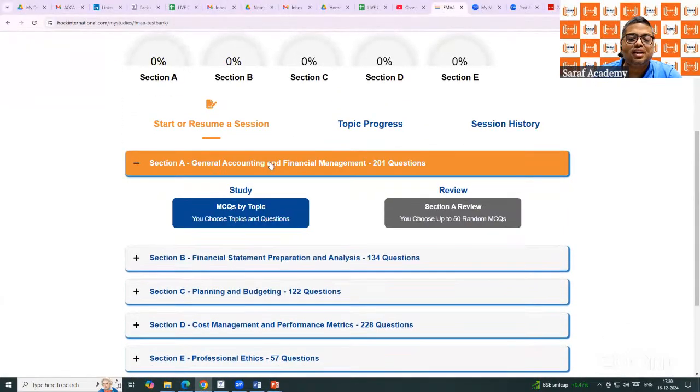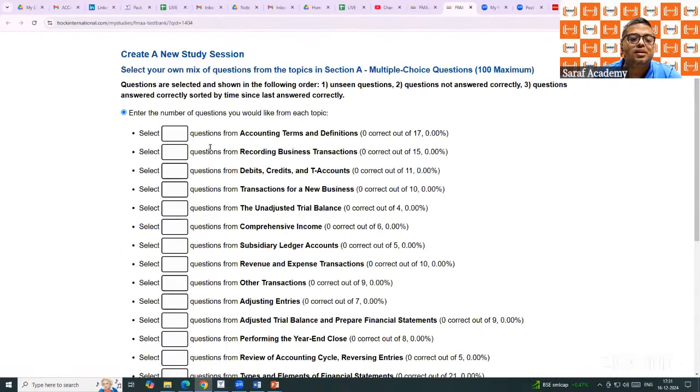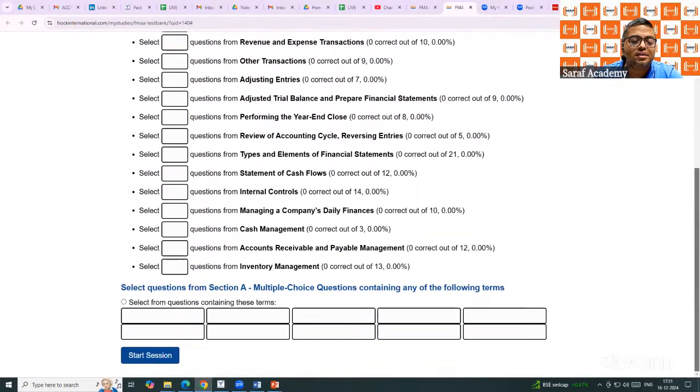Section A, General Accounting. MCQ by topic, Section A, Review. Accounting terms and definitions, recording business transactions. I think we should be selecting this only. 0 correct out of 17. 17 questions are there. Select from questions.